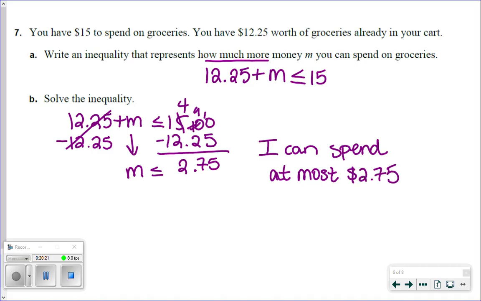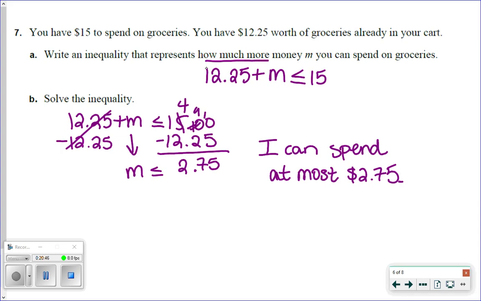Or maybe you say something like, I can spend no more than $2.75. Something like that. But definitely your sentence should communicate to the reader that you understand that this is an inequality and it's not just $2.75 that you can spend, but that is the most you can spend, or you can't go over that much, that kind of thing.